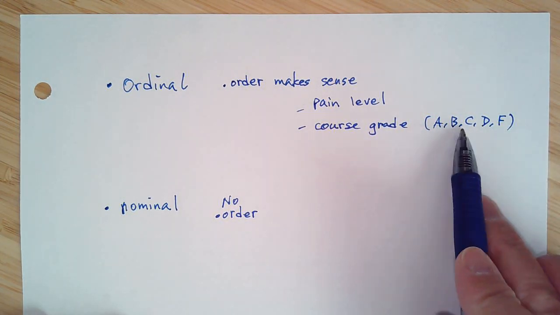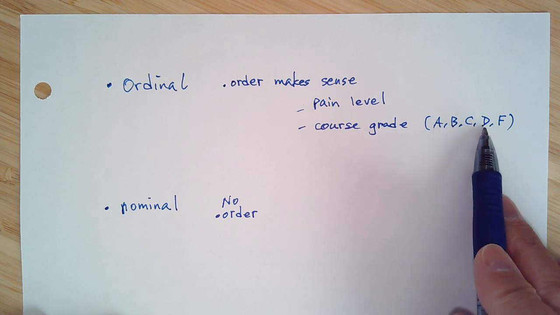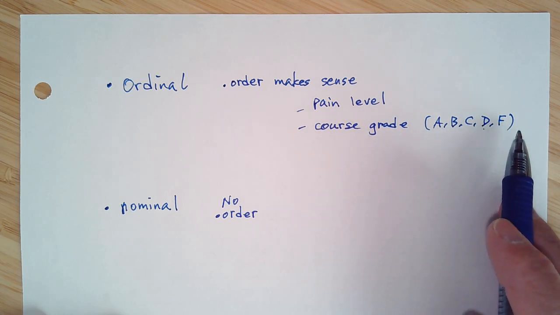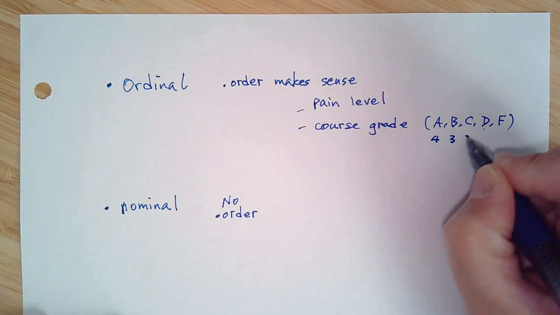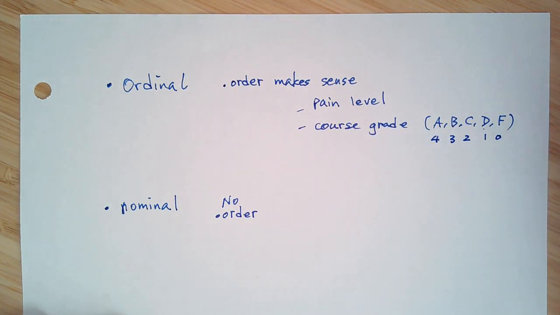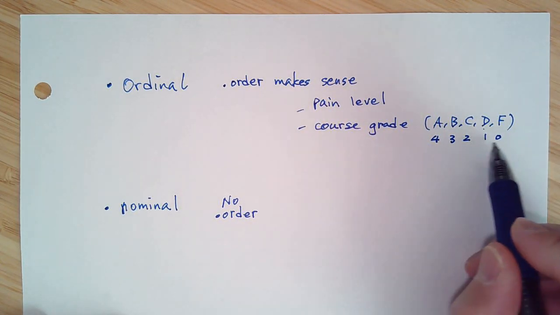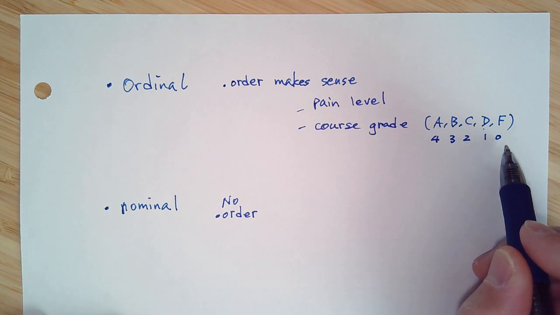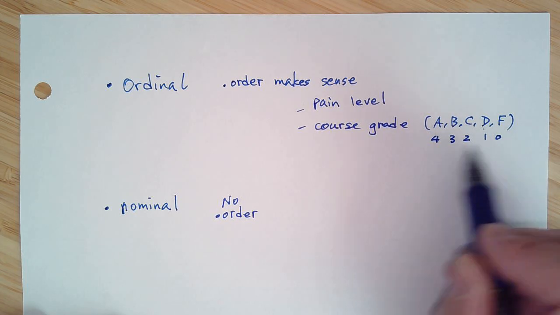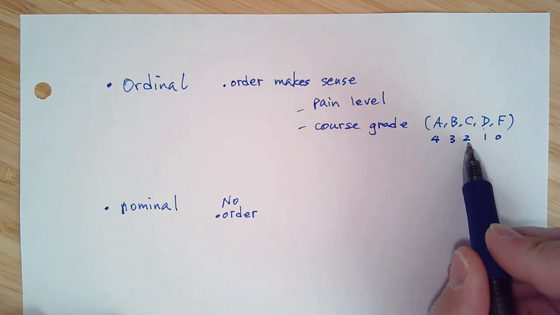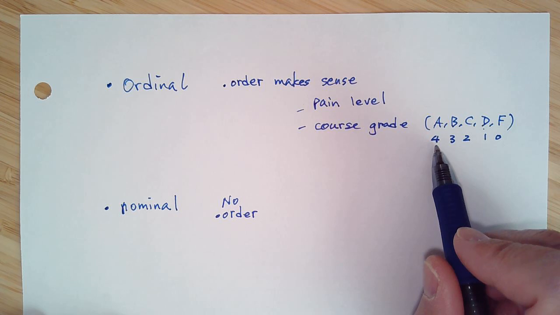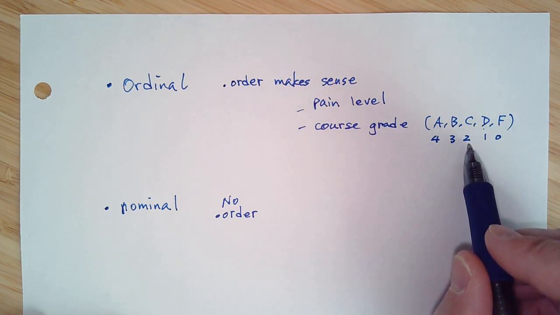A is better than B, B is better than C, C is better than D, D is better than F. If you convert that into points, then that's 4, 3, 2, 1, 0. And even though you see numbers, they are not quantitative. They're still labels, because a 4 doesn't mean it's twice as good as 2. So A is not twice as good as a C. A is really good. C is not that good.